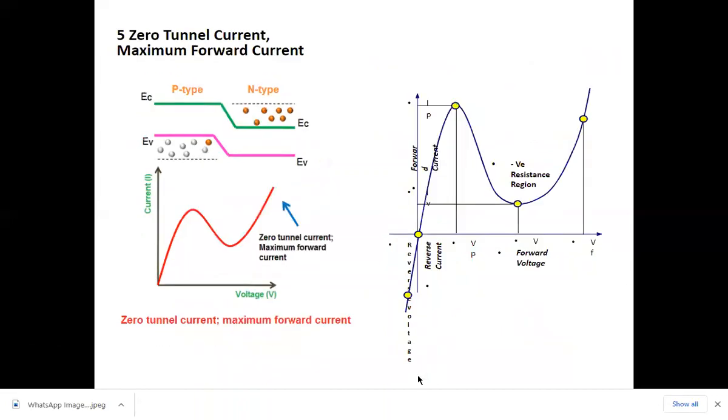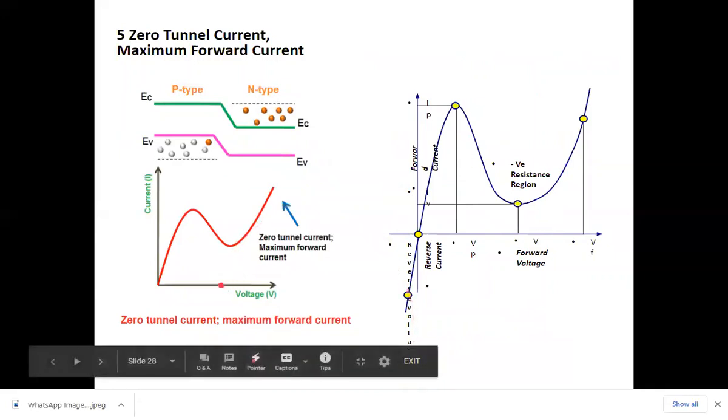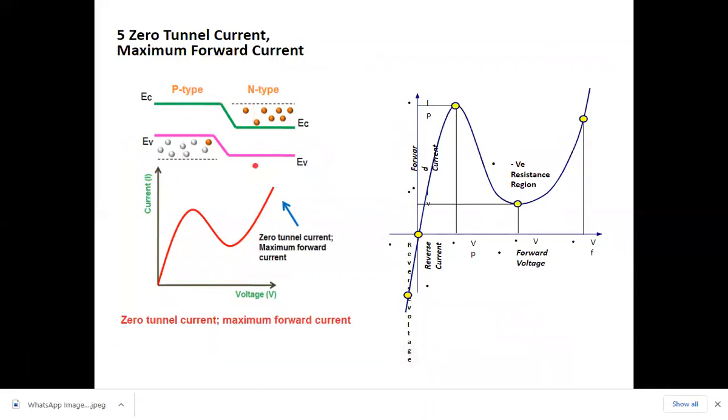In step 5, applied voltage is increased largely. Since the conduction band of the N-type material and the valence band of the P-type material no longer overlap, the tunnel diode operates in the same manner as a normal PN junction diode.